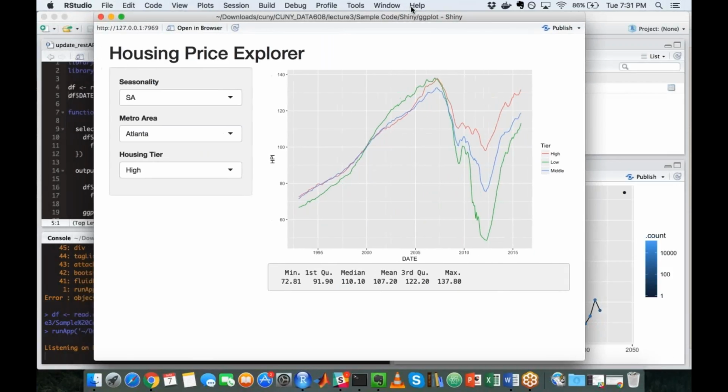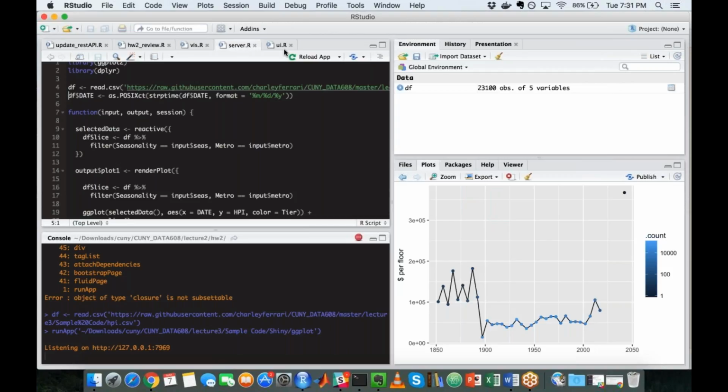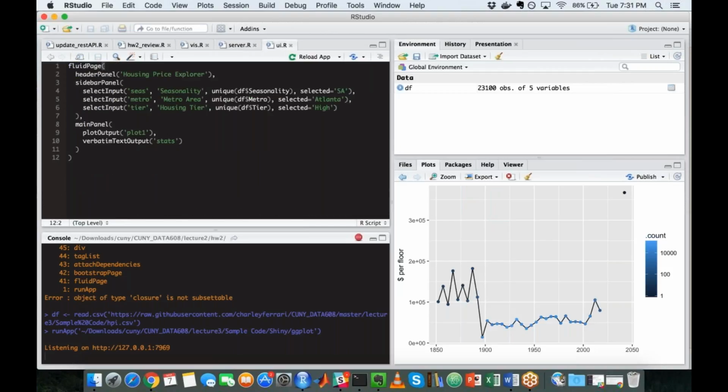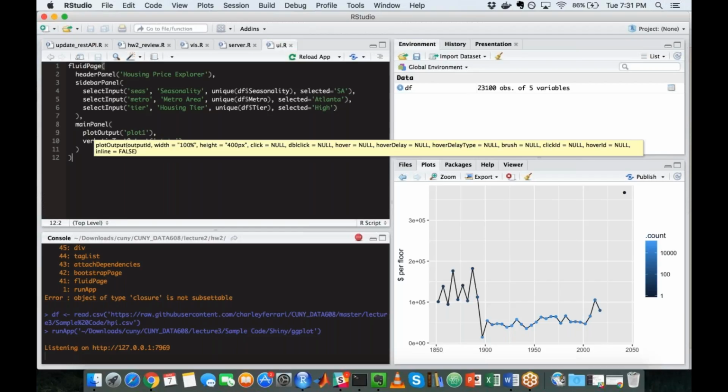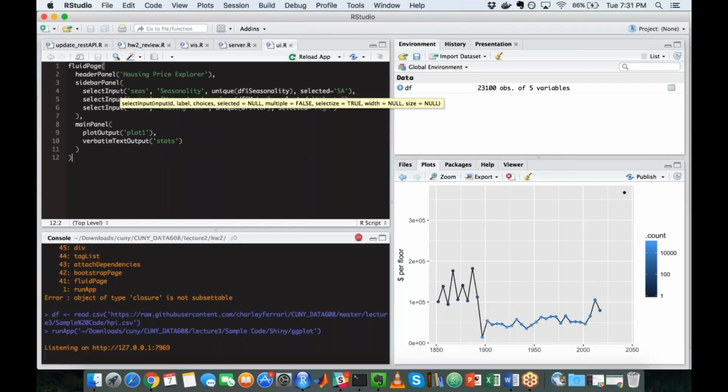So, in terms of the different sides of an app like this, client side is basically just anything that's showing up here. So, in R, it's very clear that it's just looking at the layout. You're defining what your controls are, what your graph window is, and any other HTML output that you're displaying.